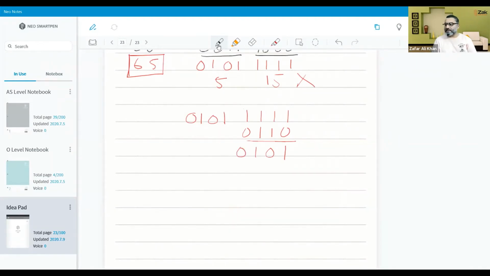So what is the answer? 101. Now the carry from this addition: 1 plus 1, 2, 0 sum and 1 carry.